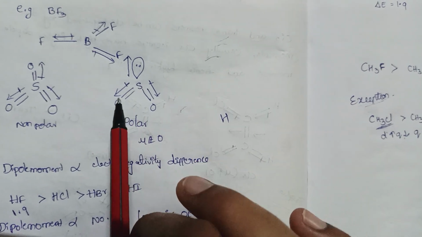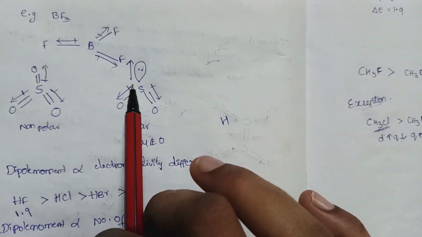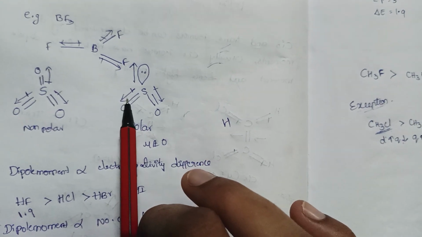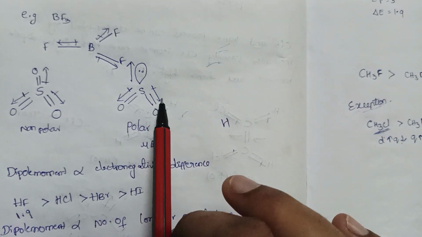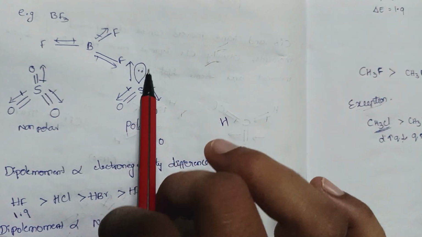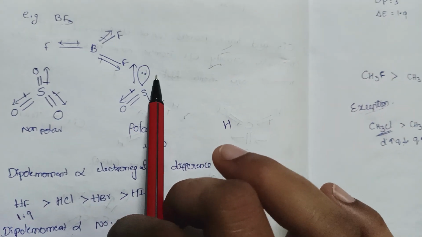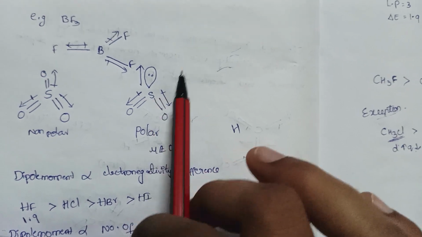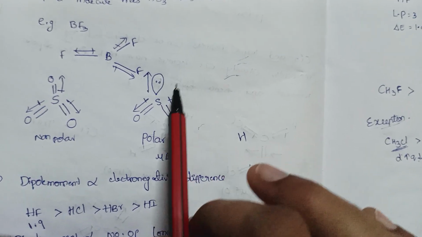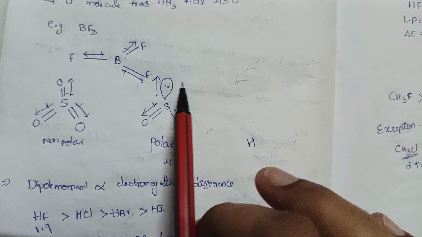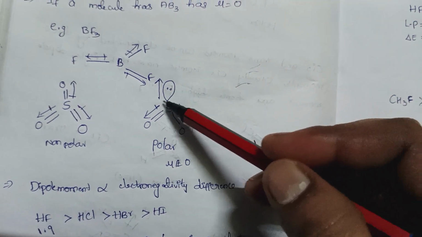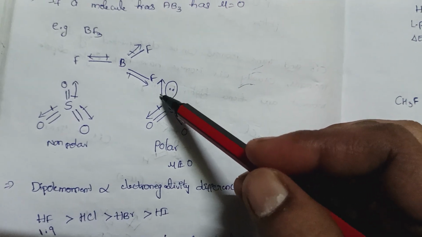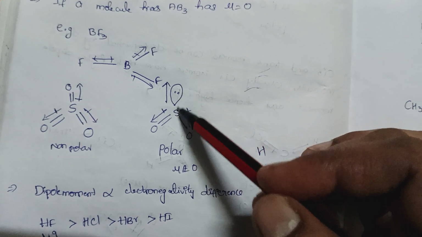oxygen has more electronegativity than sulfur. The crossed arrow is towards oxygen, and this is also similar. But lone pairs also have some dipole, meaning some electronegativity. So the basic rule is that lone pairs also have more electronegativity than others.